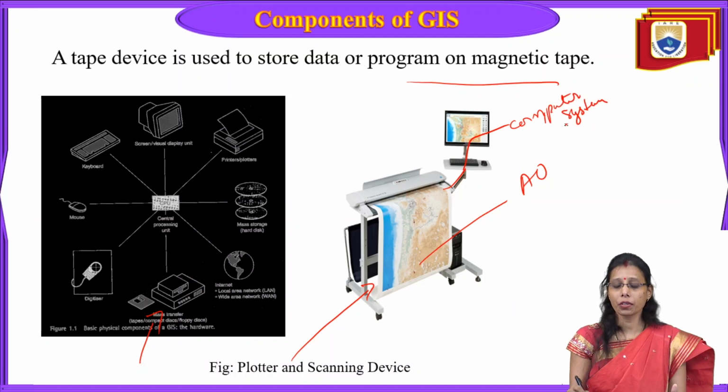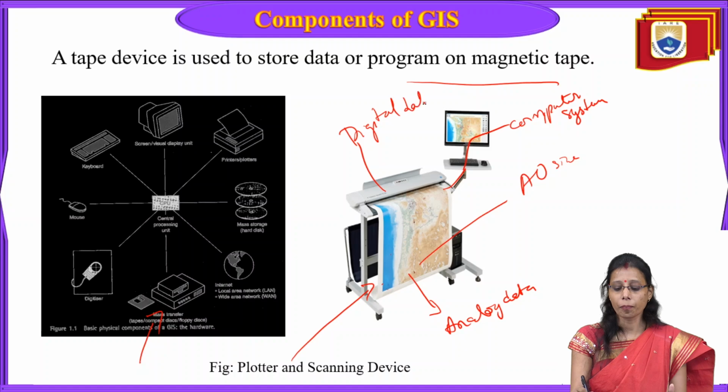And from this computer system, any A0 size map will be easily scanned. So we can scan this map, take the analog data, and convert it through this scanner to digital data. Okay, digital data, or we can say raster data, right?